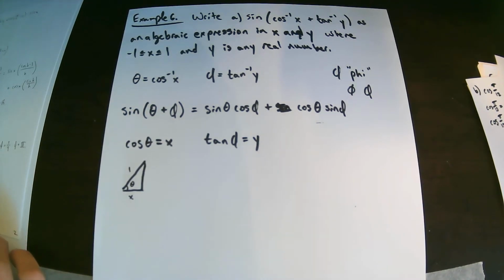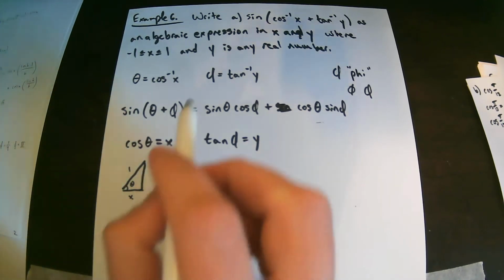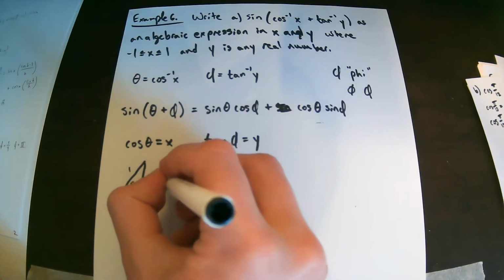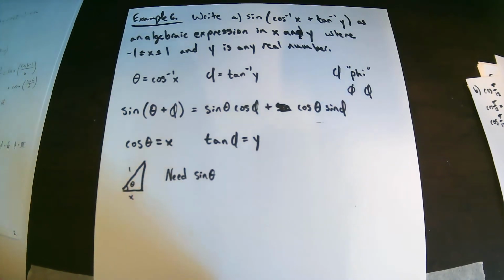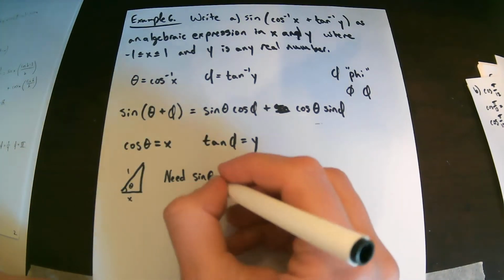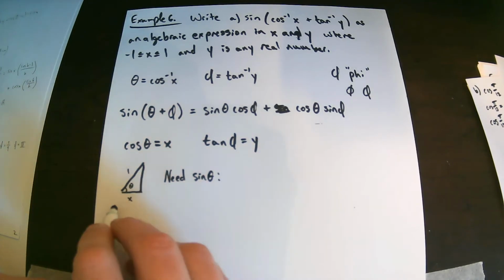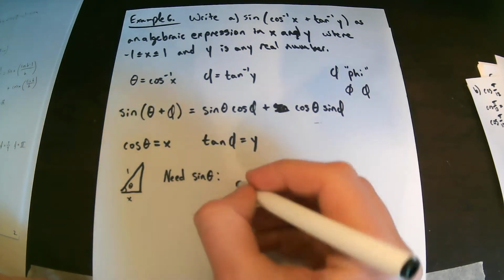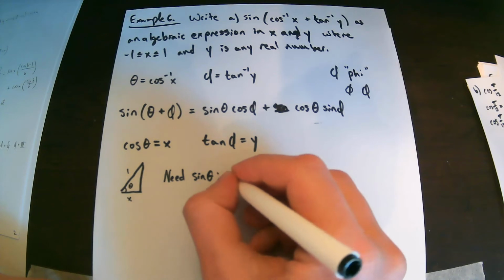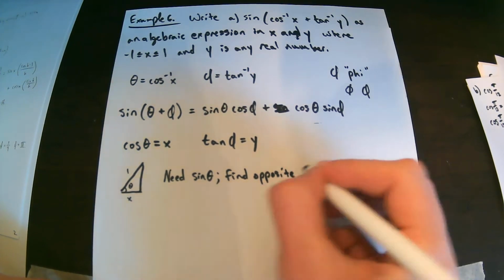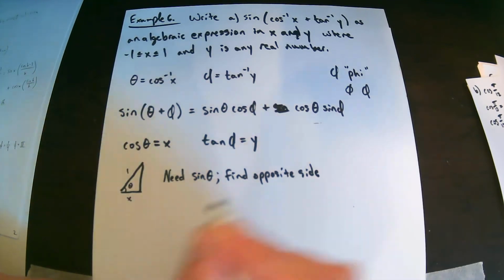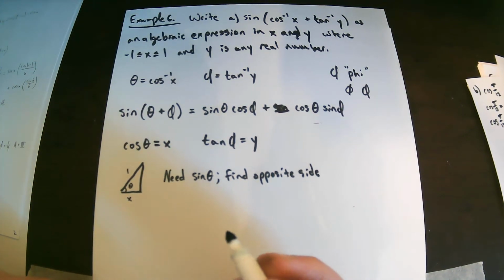And what I need is sine theta, but sine of theta is opposite over hypotenuse. So what's the opposite side? Well, Pythagorean theorem. That's how I'm going to do it.